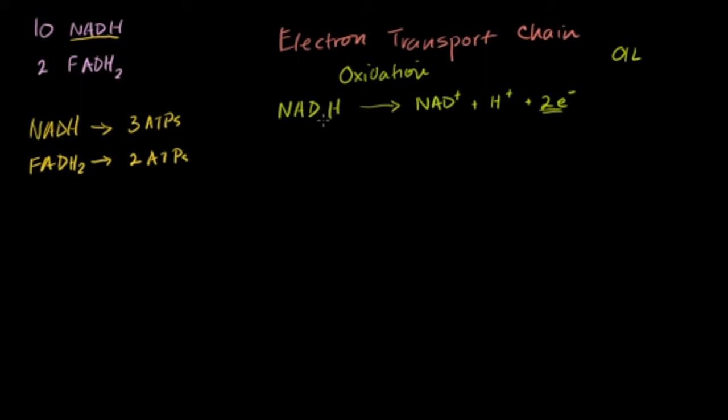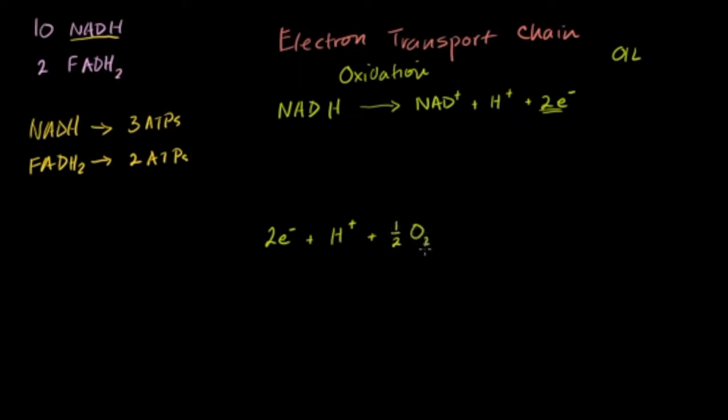Now, this is really the first step of the electron transport chain. These electrons are transported out of the NADH. The last step of the electron transport chain is you have 2 electrons, and you could view it as the same 2 electrons if you like, plus 2 hydrogen protons. If you just add these together, you have 2 hydrogen atoms, which is just a proton and electron each, plus 1 oxygen atom.